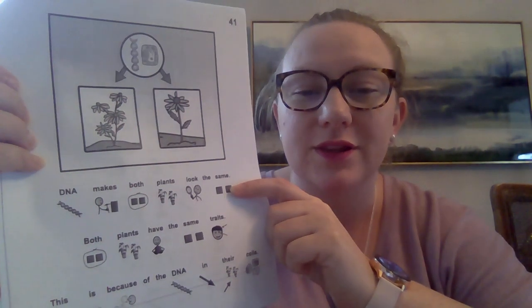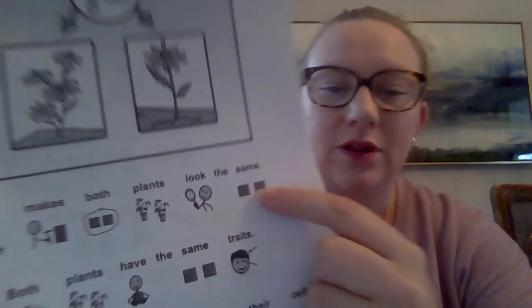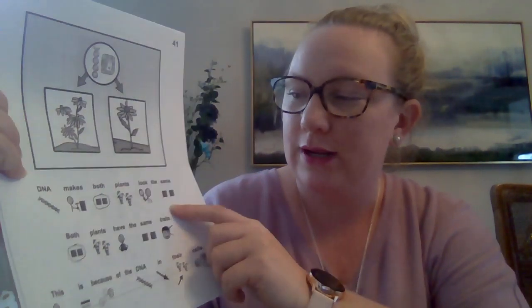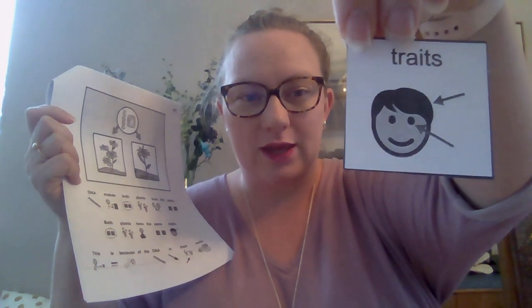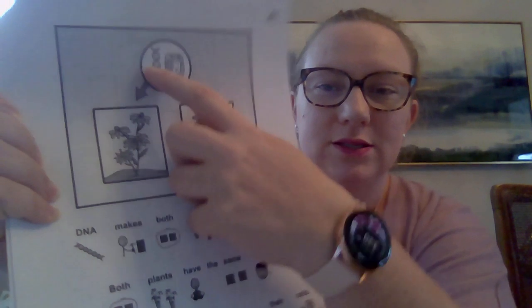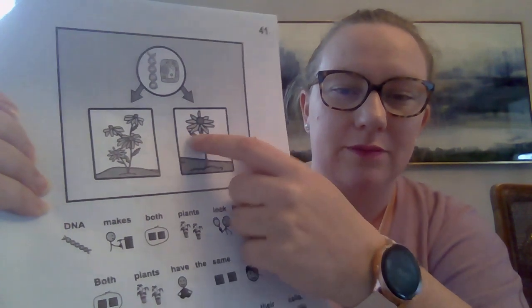It says that DNA makes both plants look the same. That's vocabulary. Both plants have the same traits. The same traits. They look the same. Their traits are that they have orange flowers. This is because of the DNA in their cells. The DNA in their cells makes the flowers look the way they look.